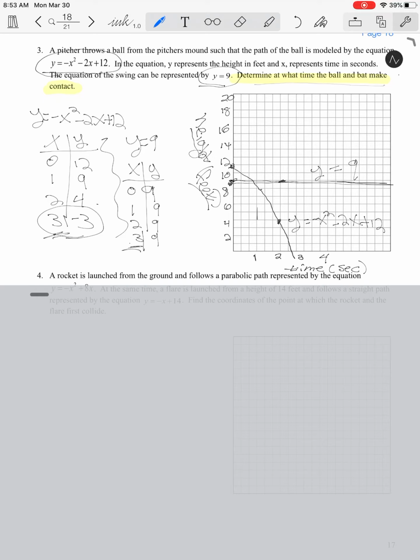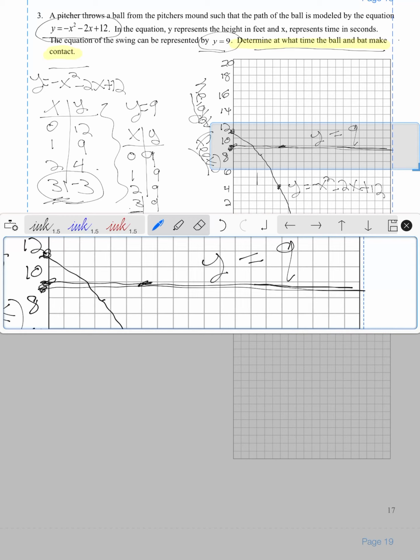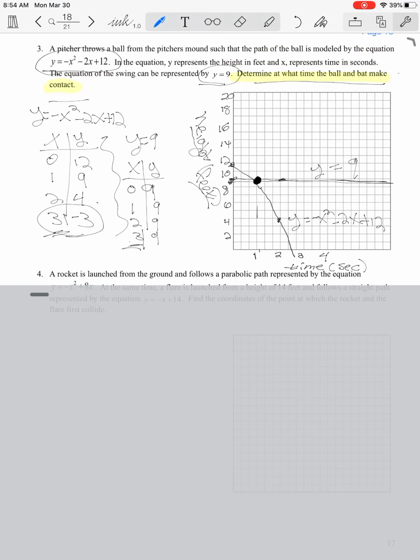Determine at what time the ball and the bat make contact. So this is where they will intersect. They seem to intersect at 1, 9. This is where they intersect at 1, 9.